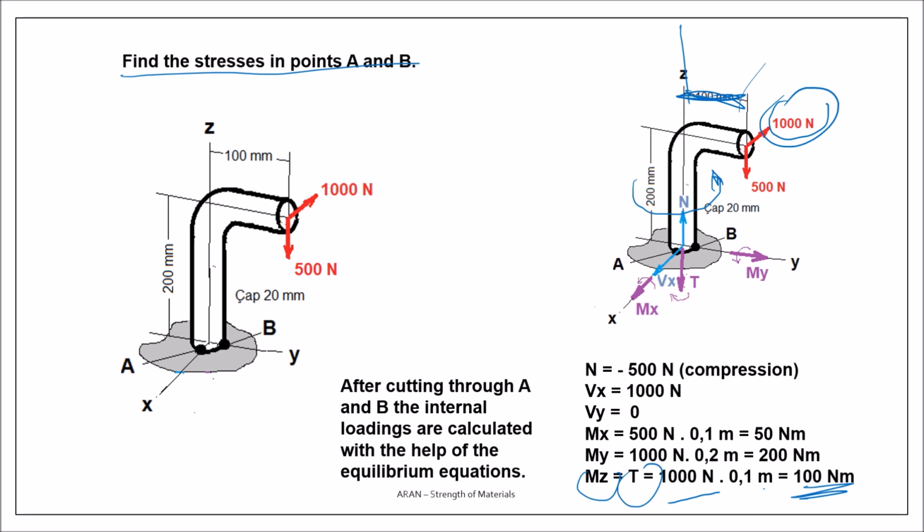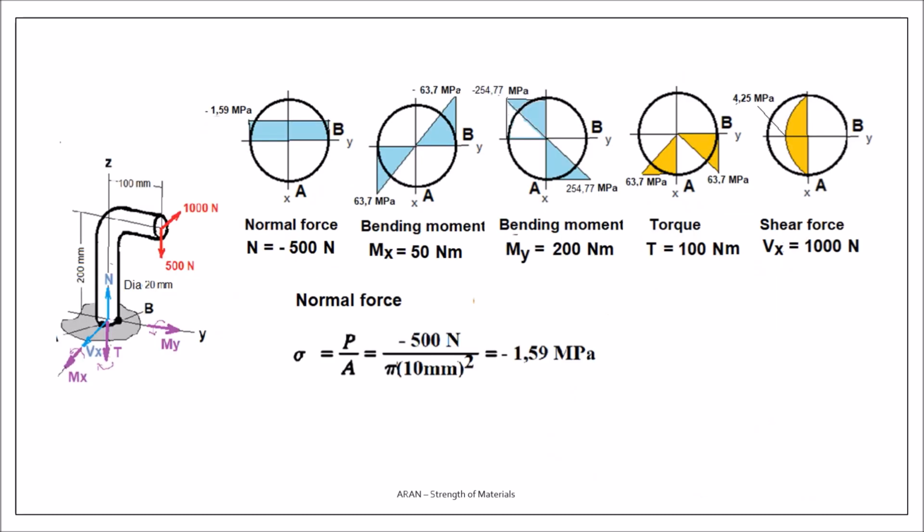Step number 1, we took the section going through AB, and for this section I have determined with the help of the equilibrium equations the shear and normal forces, and the bending and torsional moments, and now I have their values. The next is to calculate the stress distribution for each of these forces.